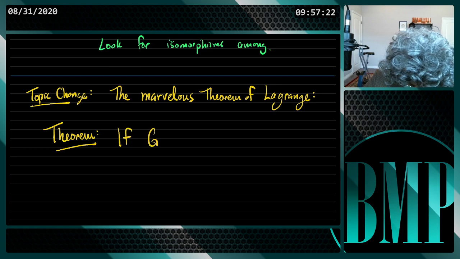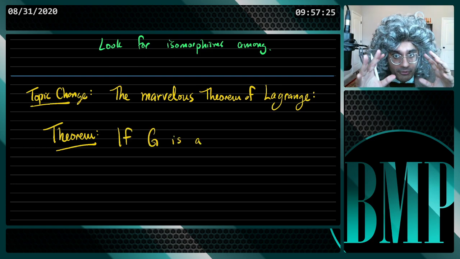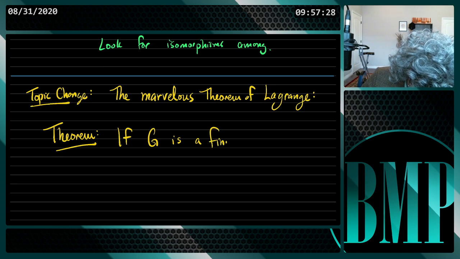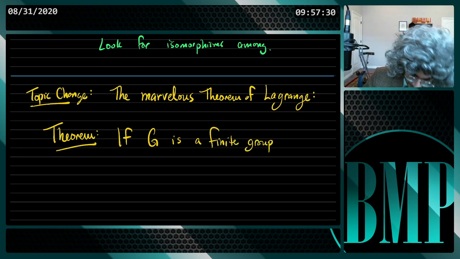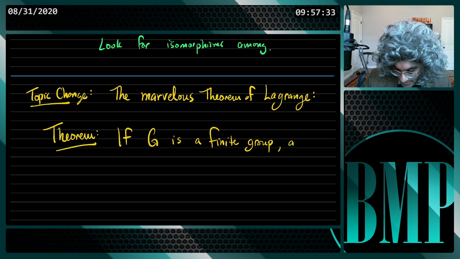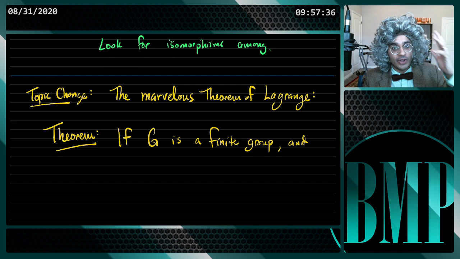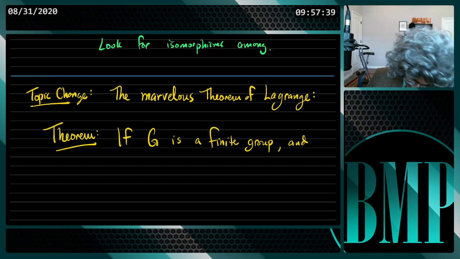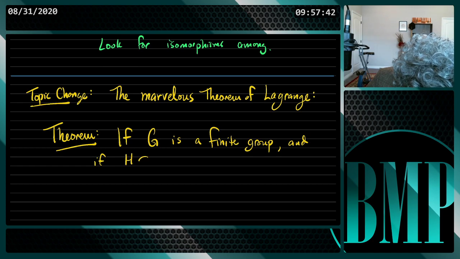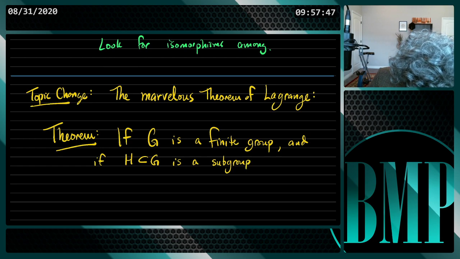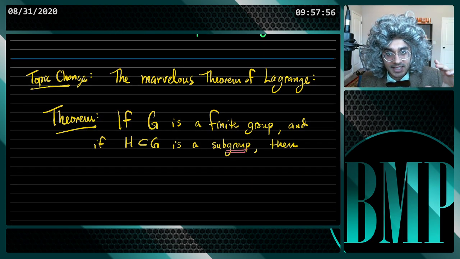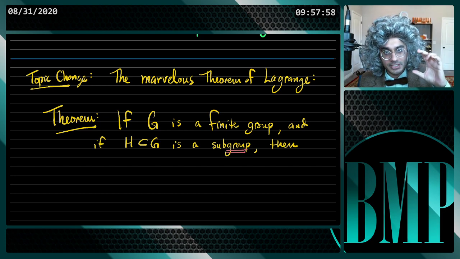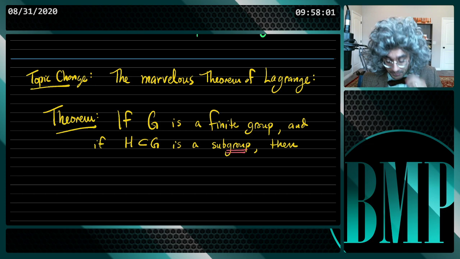If G is a finite group, it's a theorem about finite groups, and if H is a subgroup, not a subset, a subgroup, then the size of H always perfectly divides the size of G.